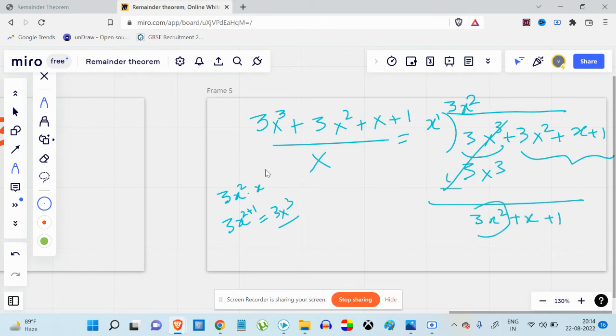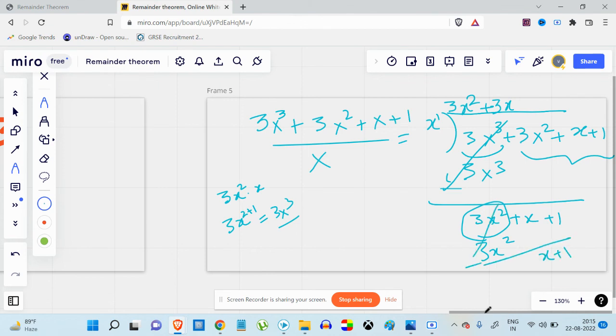Similarly, again focus on this term. Now here the degree of x is 2, here it is 1. So what we can do is multiply it with only x. x into x will be x square, but how much multiplier do we need? 3. That will again be 3x square plus x plus 1.